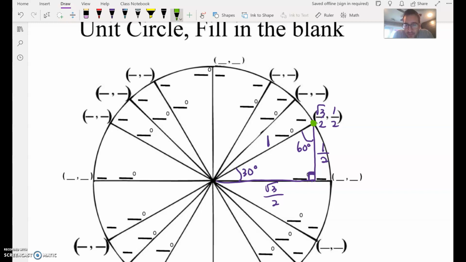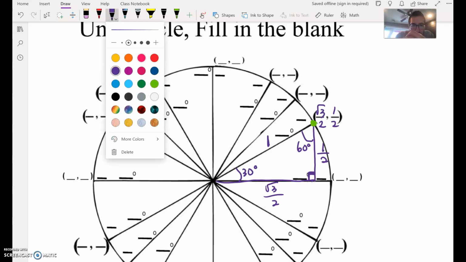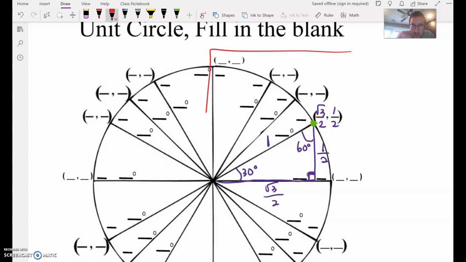And it comes from that 30, 60, 90 triangle. Okay? We're just going to focus on quadrant 1 right now, because if you can do quadrant 1, then we will be able to just fold it over the y-axis, then fold it again over the x-axis, and so forth. So this first coordinate is the square root of 3 over 2, comma 1/2.